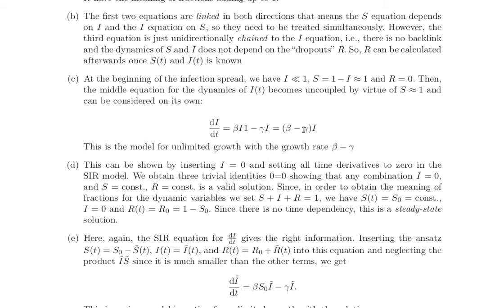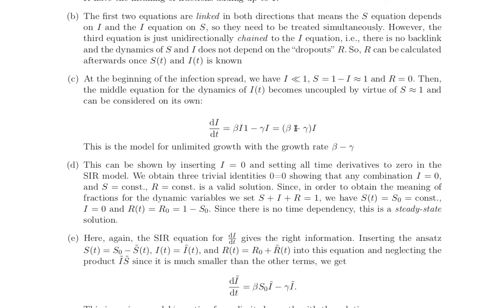You know from the lecture that the number of people infected by a single infected, the R0, provided there's not yet any immunity, is given by beta divided by gamma.